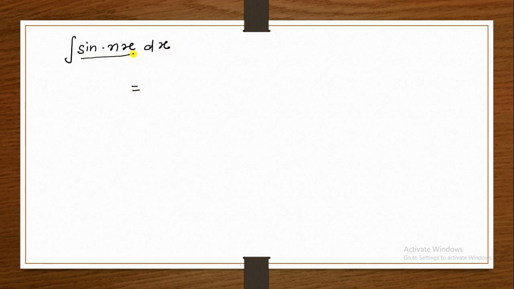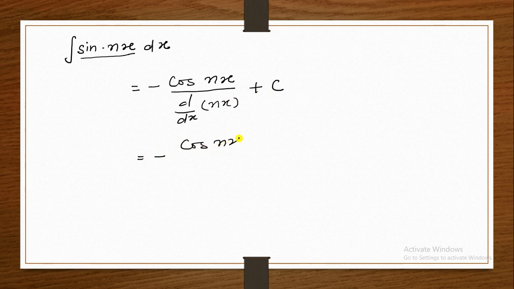First, you solve integration of sin, means minus cos nx, and differentiation of angle you write down in the denominator, nx plus capital C, minus cos nx upon n plus c. Right? So please write down this special formula, utilized in various derivations in physics.